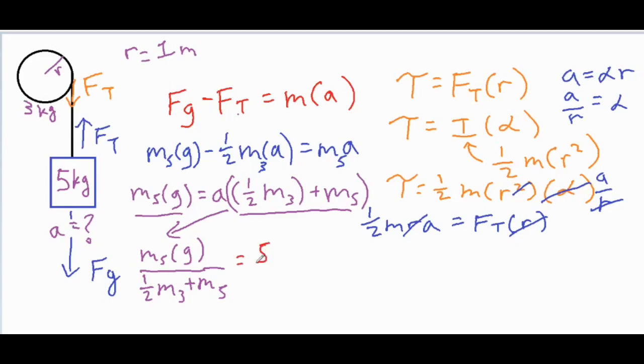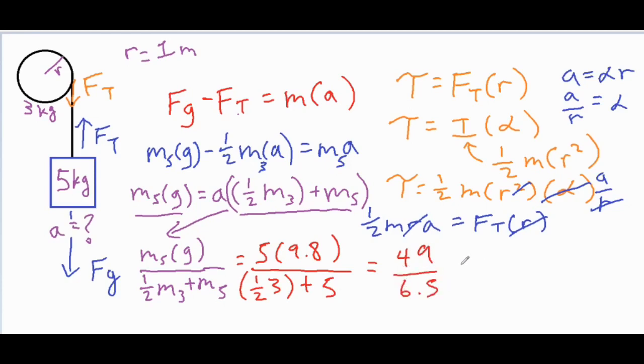So we have 5 times 9.8 divided by 1/2 times a 3 kilogram disc plus the mass of the 5 kilogram block, which is going to give us 49 divided by 6.5, which equals 7.54 meters per second squared.